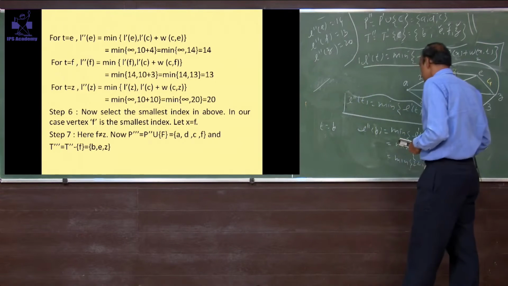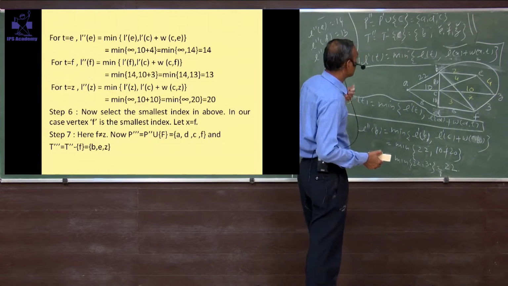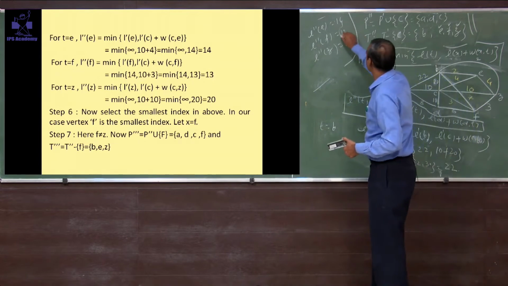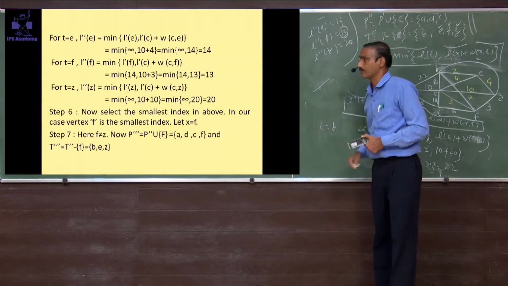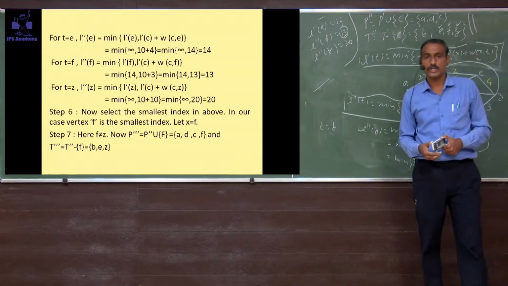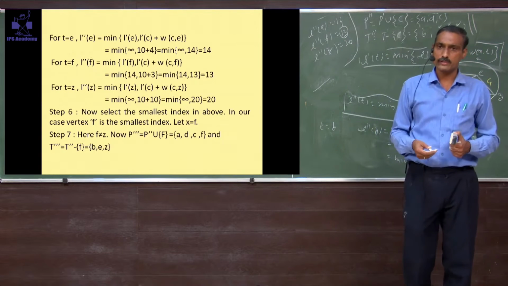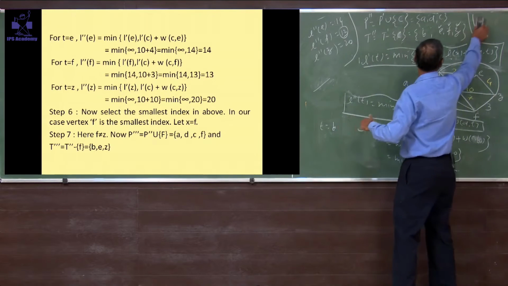So now we have to choose the smallest index among B, E, F and Z. The smallest is 13, for the vertex F. So now select the smallest index in the above. In our case, the vertex F is the smallest index and let x equal to F.